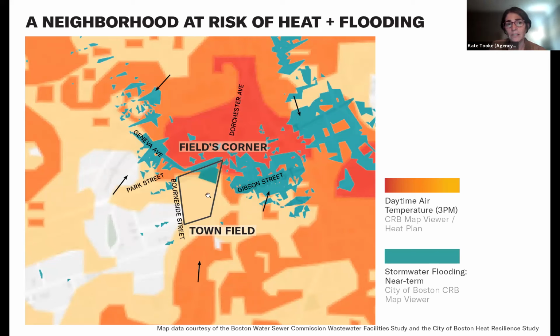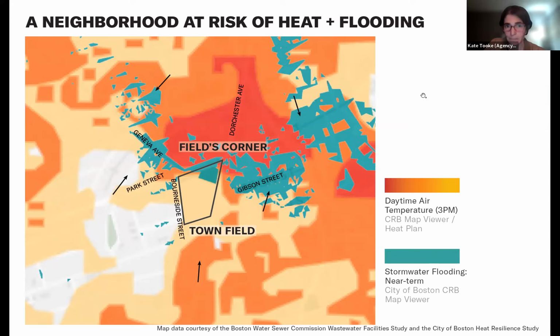And then in green, you can see areas of stormwater flooding. So this is localized flooding that happens when our storm system gets overwhelmed. It's not about sea level rise, but instead just intensity of storms and nuisance and pocket flooding that happens in the district. So there's a potential for the park to actually be a really important factor in helping to mitigate both of those things.